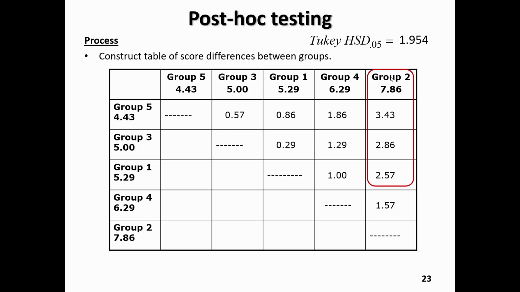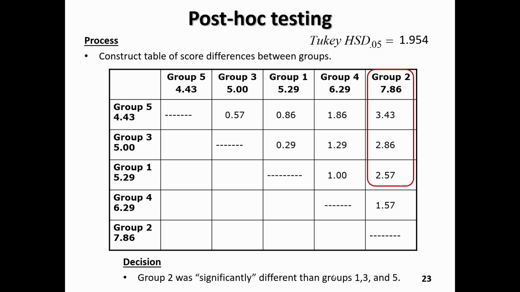So we would conclude that there is a statistically significant difference between groups 2 and 5, group 2 and 3, group 2 and group 1. So what we see here, we would conclude that group 2 was significantly different than groups 1, 3, and 5.